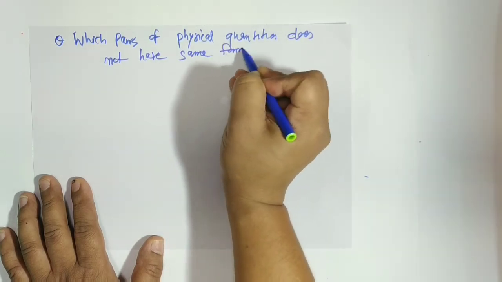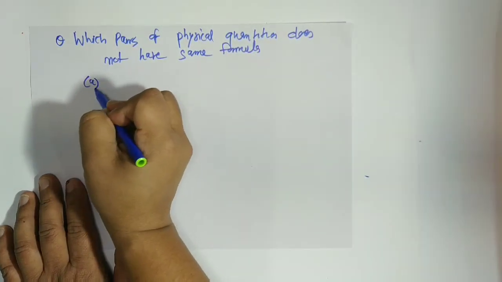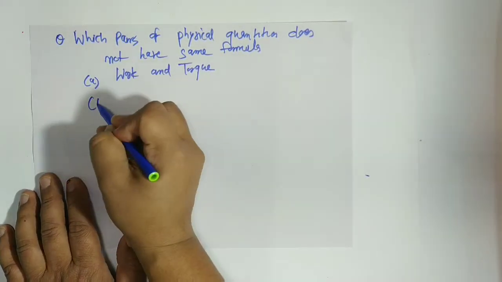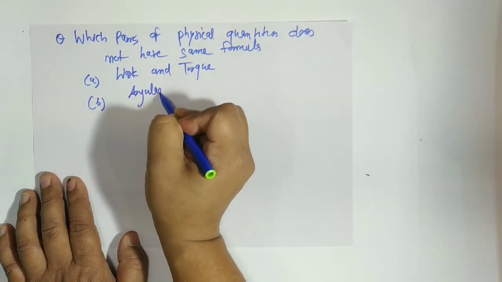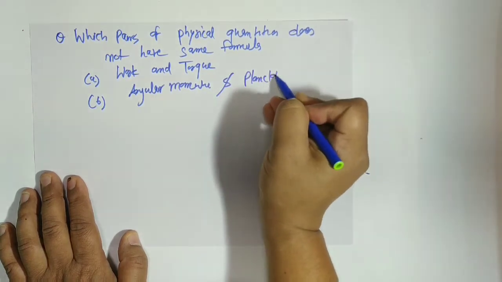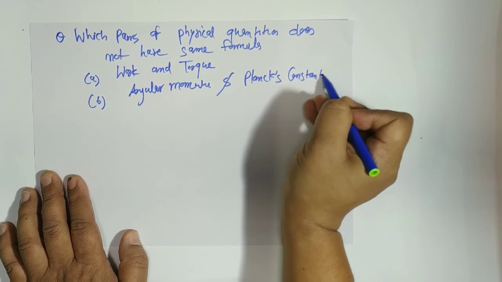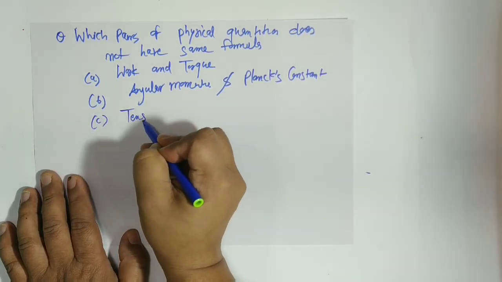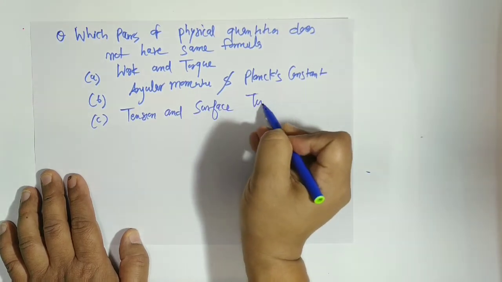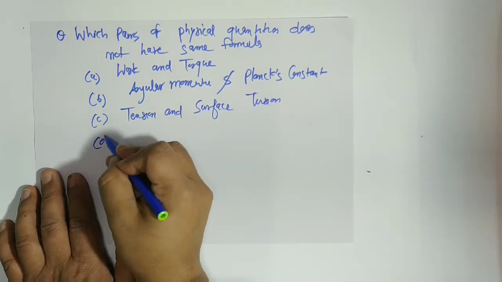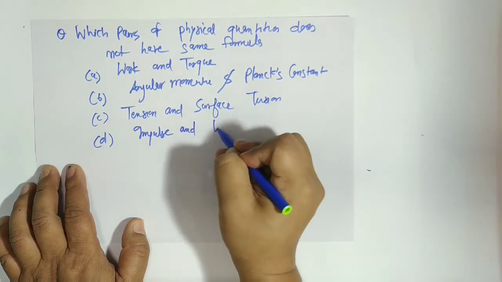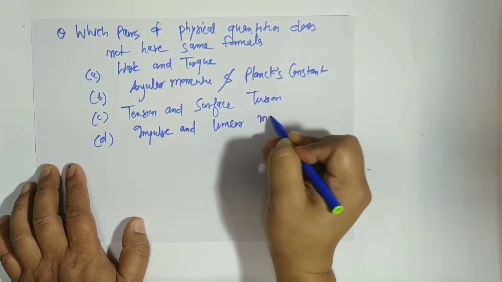The options are: work and torque; angular momentum and Planck's constant; tension and surface tension; and impulse and linear momentum. Very easy. These are two questions I have taken from the exemplar.